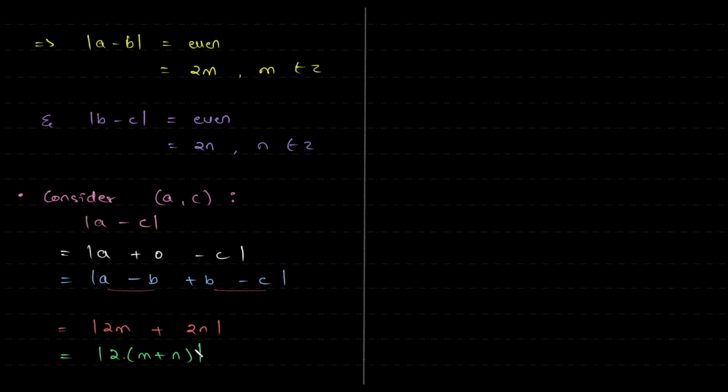So 2 times of any sum will result in, yes, even. That's the whole point, right? So we have over here, this is even, reason being 2 times any integer is even. Okay, next.